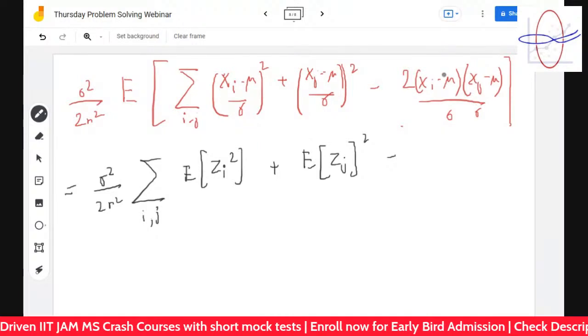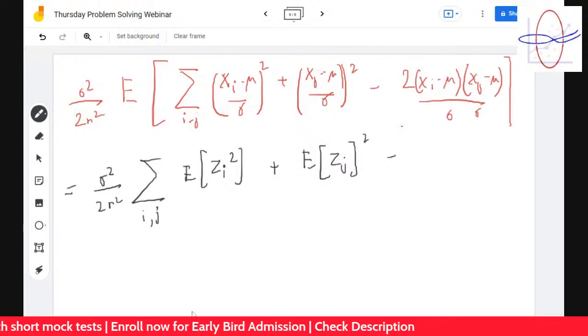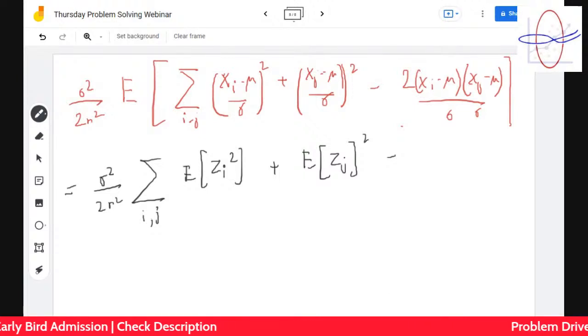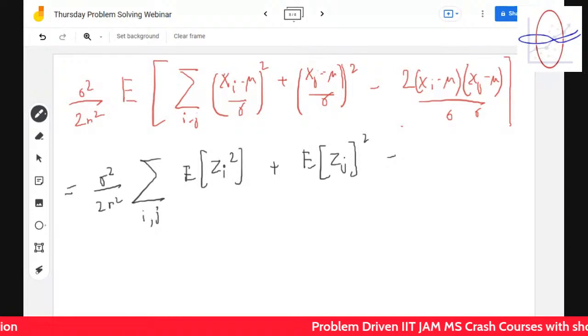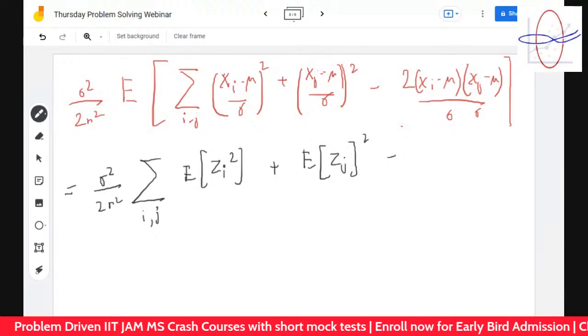No. There's xi and xj, right? So if you take expectation of this, what is that term? This is something known. When do you see this expectation of xi minus mu into xj minus mu by sigma sigma?